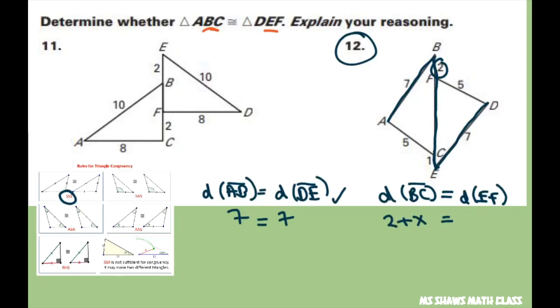And the distance of EF is 1 plus some x. Since these two don't equal, that means that this is not congruent by the side, side, side. Because remember, our x's have to be the same, whatever the x's are.